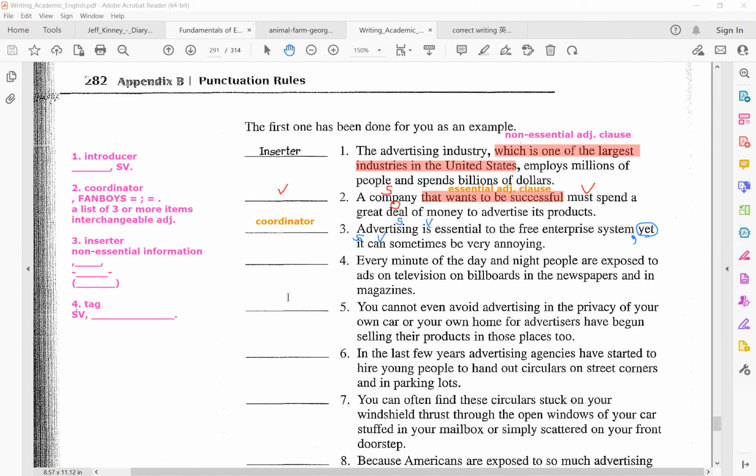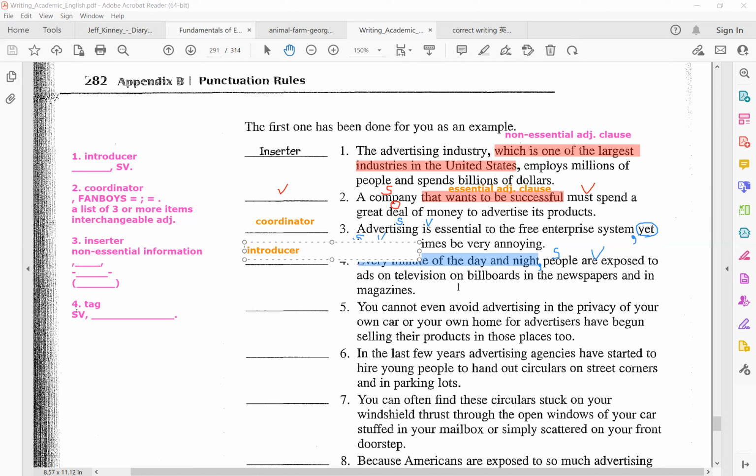All right. Number 4, every minute of the day and night, people are exposed to ads on TV. So first of all, I need to add a comma here. Why? Because I have a phrase before my independent clause. So this is actually my introducer comma.